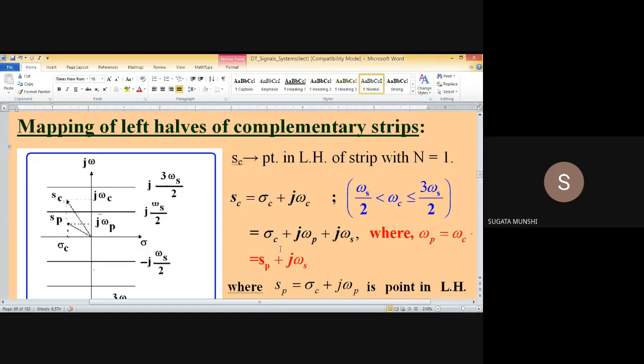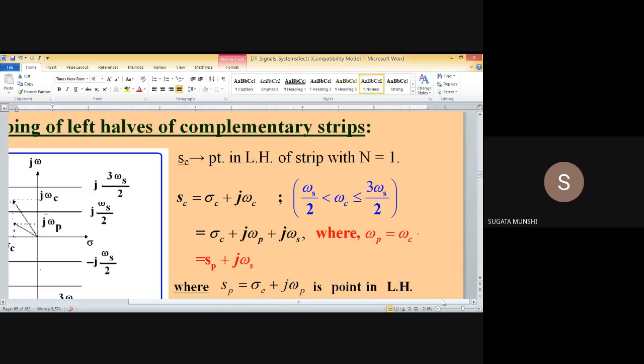Now that can be written as I have stated, sigma c plus j omega p, plus j omega s, where omega p is equal to, just one minute, there's a typing mistake here.